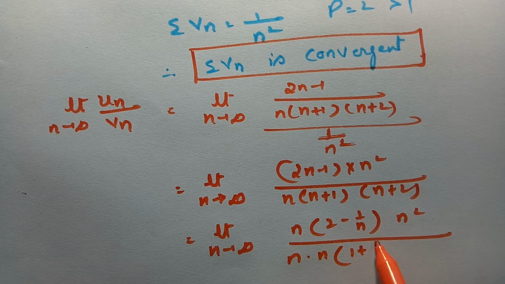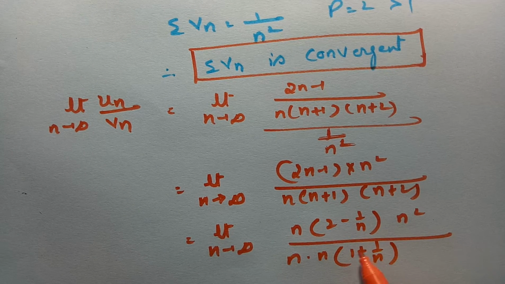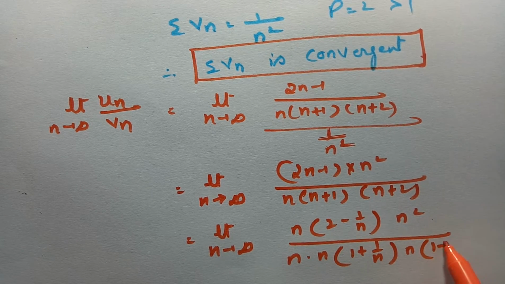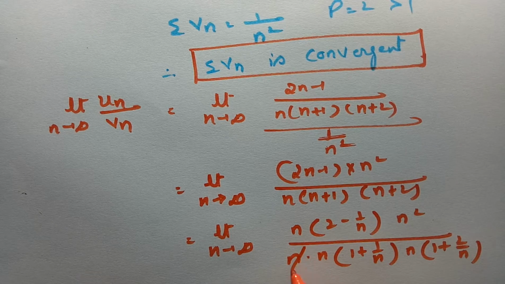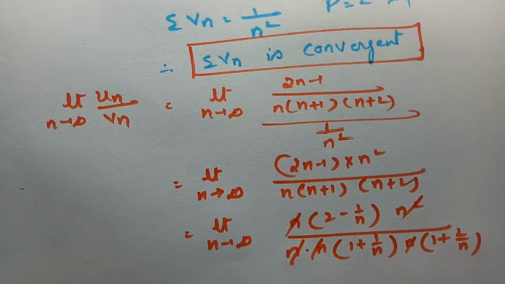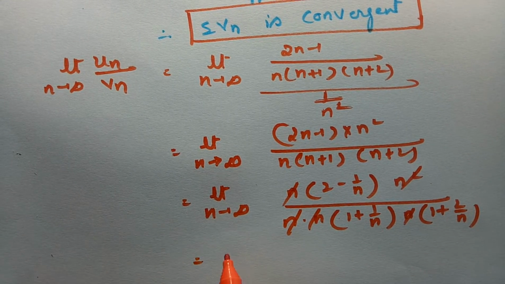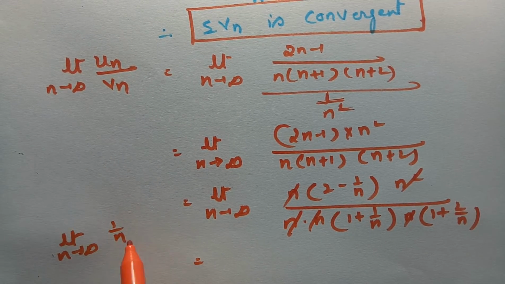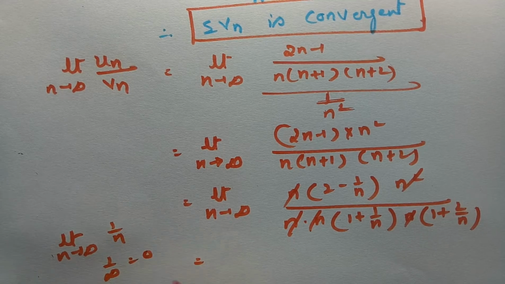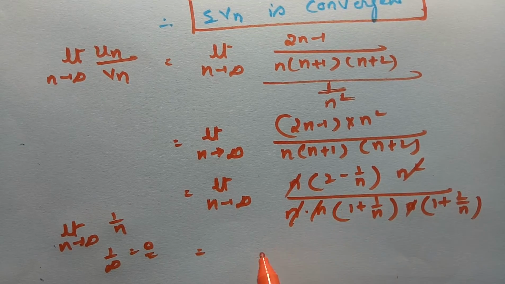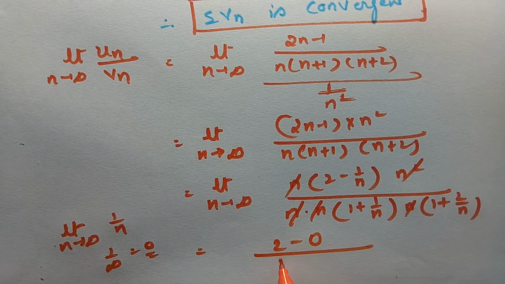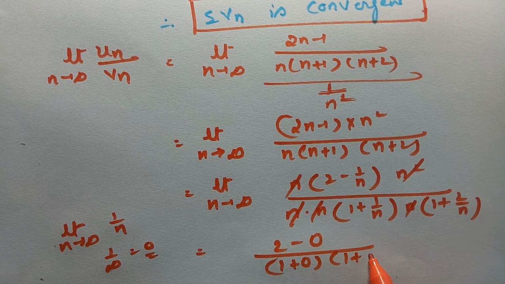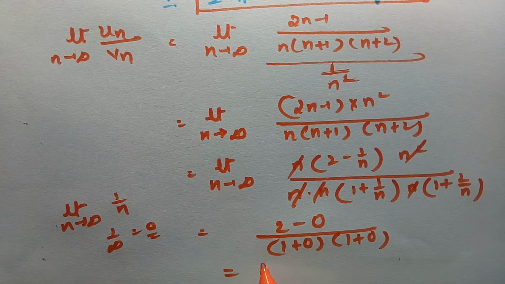If I bring n out, then it will be 1 plus 1 by n, and if I take n out again here, then it will be 1 plus 2 by n. So here it is n cube, and in the numerator also there is n cube. As you all know, limit n tends to infinity 1 by n, so 1 by infinity is nothing but 0. If I substitute, it will be 2 minus 0 by 1 plus 0 into 1 plus 0, so the answer is 2.